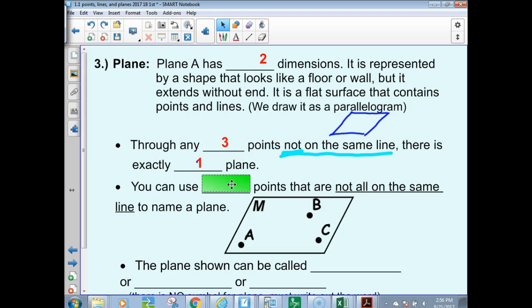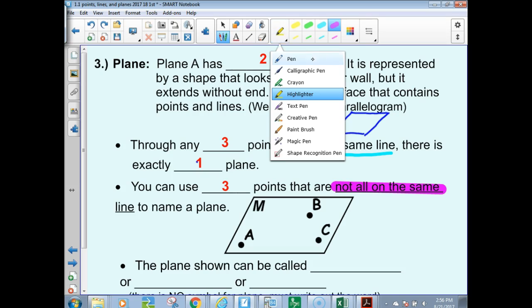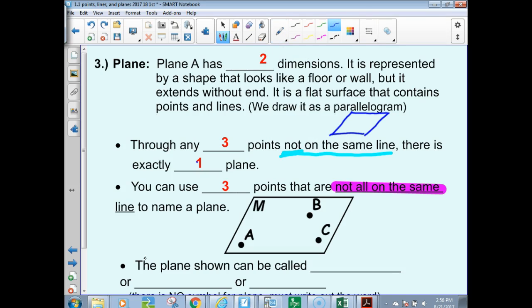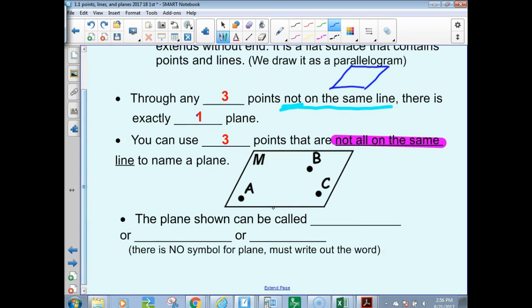You can use three points that are not, again, on the same line to name a plane. So remember, not on the same line. This plane shown right here can be called plane M, and that's the only way you can use one letter.